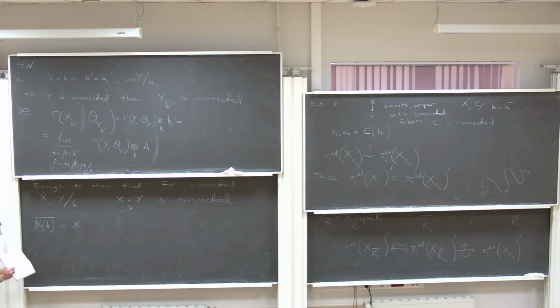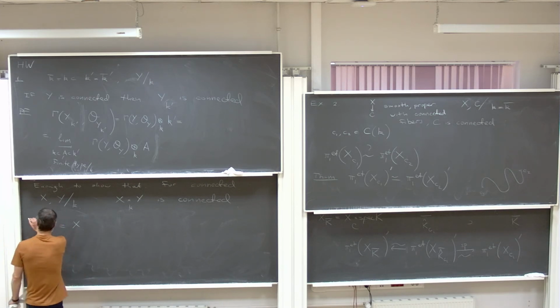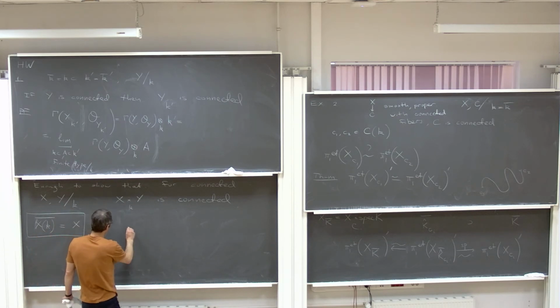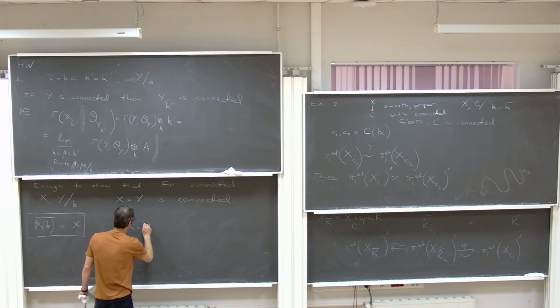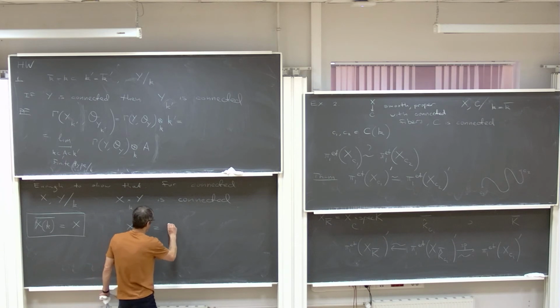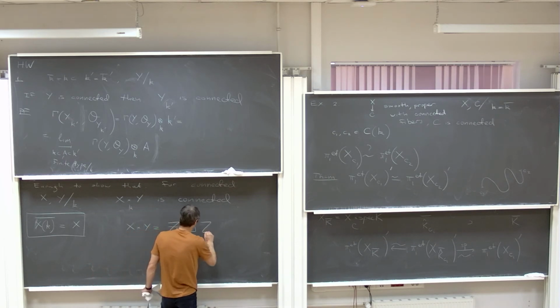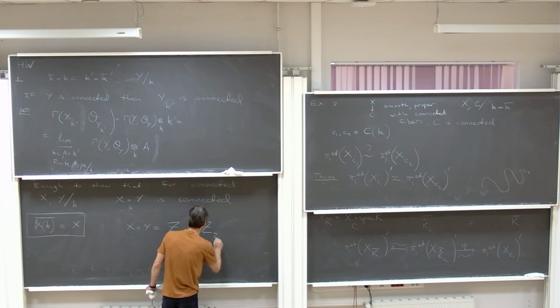And therefore, having this in mind, let's imagine that X times Y is not connected. Then I can write it as a disjoint union of two non-empty closed subschemes.